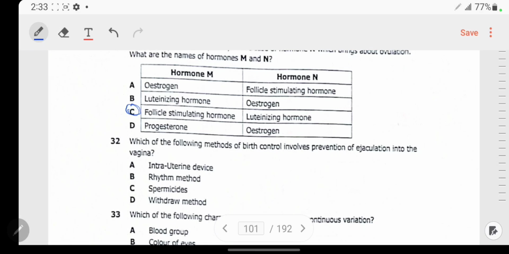Ejaculation is the release of semen. The one that prevents the release of semen into the vagina is what we call the withdrawal method. So the correct answer for 32 is D.